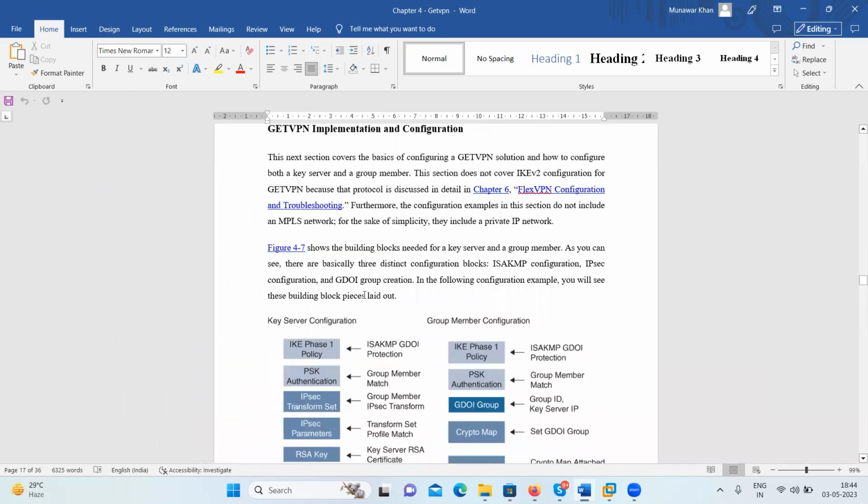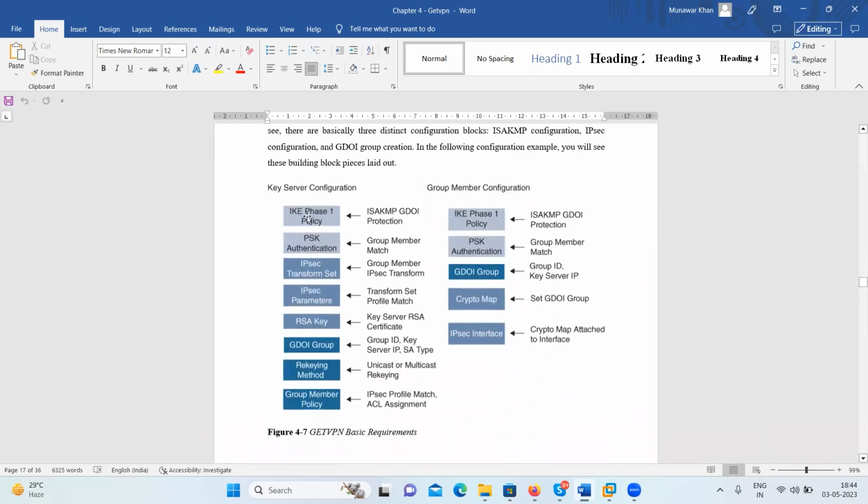This is how the key server configuration looks like. Phase 1, pre-shared key authentication, IPsec transform set, IPsec parameters, RSA key, GDOI group, rekeying method, group member policy. All this is important.